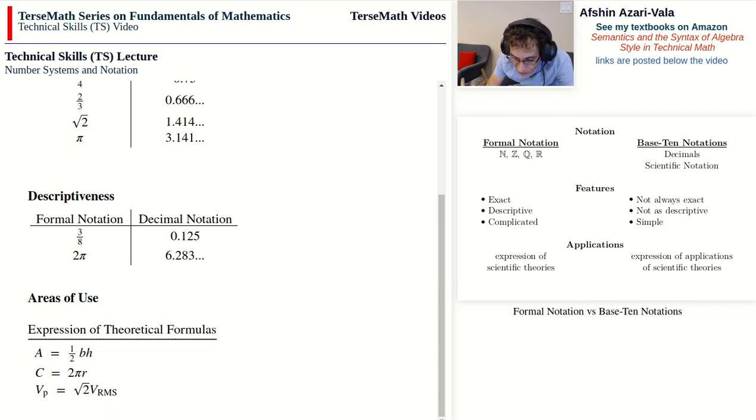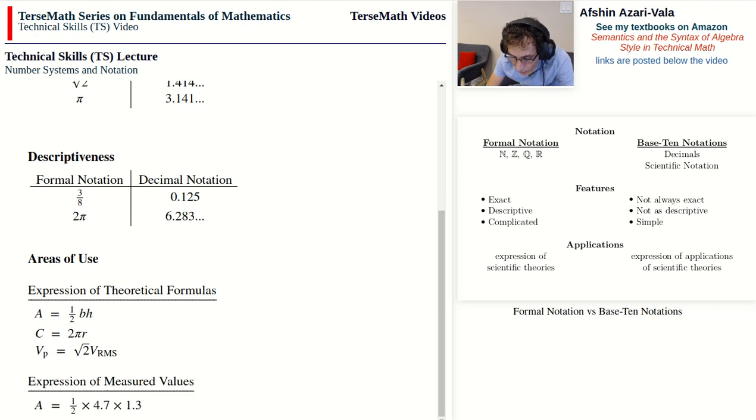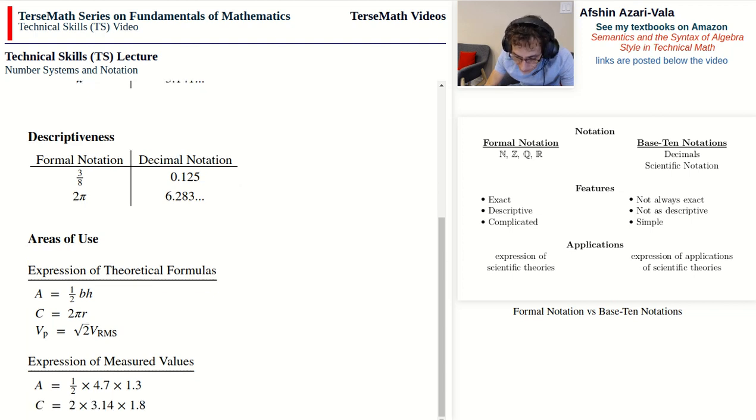When it comes to the expression of measured values, though, we use decimals. So if I'm trying to work out the area of an actual triangle, which has, let's say, a base of 4.7 centimeters and a height of 1.3 centimeters, then I switch to the use of decimals. Here's another one.